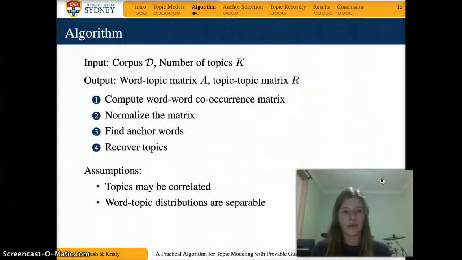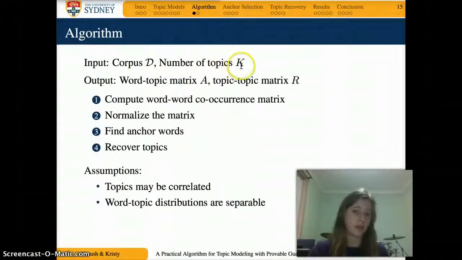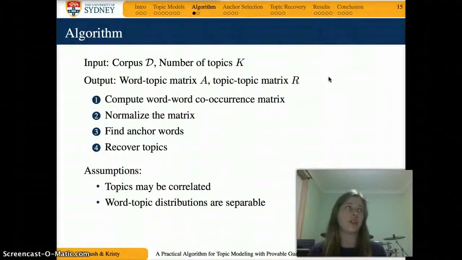So the algorithm takes a corpus of documents, and you've got to set the number of topics, because the complexity is all based on however many topics you want, because the topics have to be separable. So if you have too small a number of topics, it might be very easy to find because there's going to be some words that don't appear.